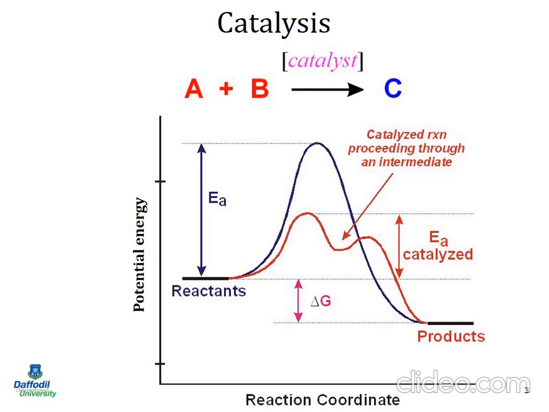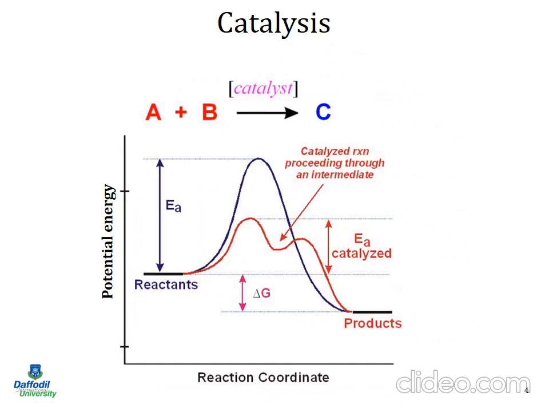You can see the red line shows the reaction following the alternative path, though the reactant and product are the same. If the reactant goes through the red path, then it needs lower energy than if the reactant goes through the black path. So the black path is the uncatalyzed one, and the red path is the catalyzed one.